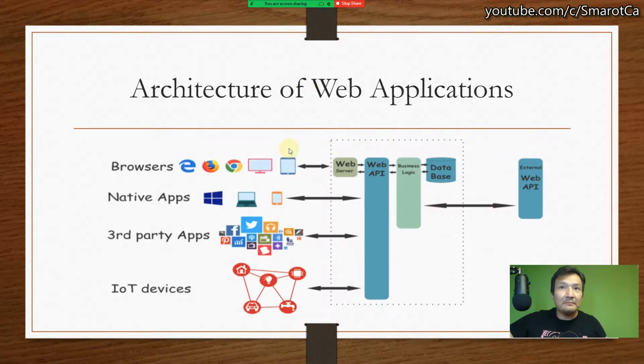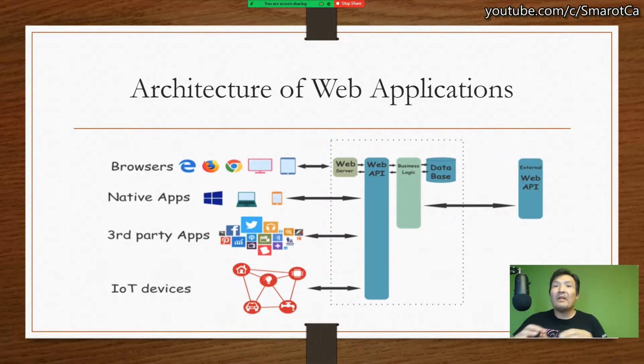After that, when it's already loaded to our browser, this front-end part starts to communicate with the Web API. And Web API, again, is kind of an interface for the backend.